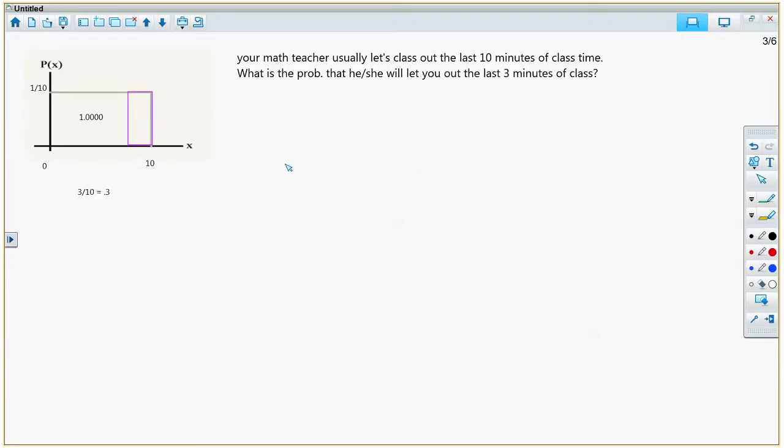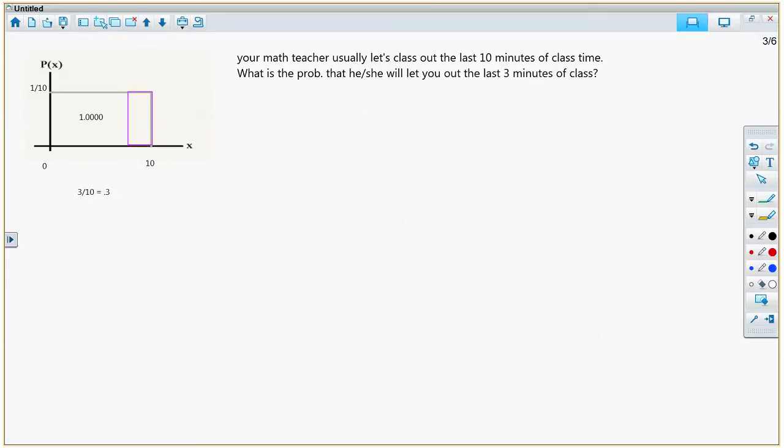So what is the complement of 0.3? 0.7. So if I asked you, what is the probability that he will let you out between 11:50 and 11:57, you would tell me 70%. And that's how you do uniform distribution.